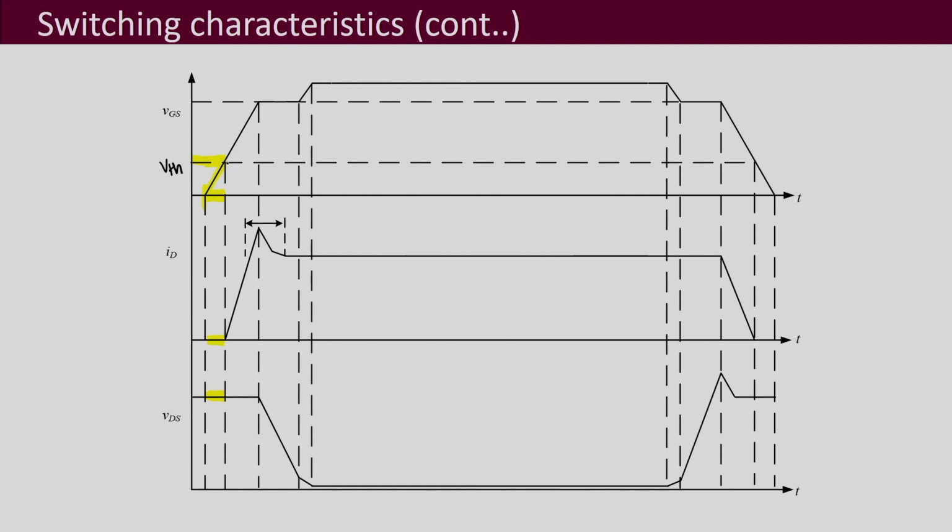Up till then no current will increase and no change will happen. So, there is a delay in the turn on, and this period we can call td(on).